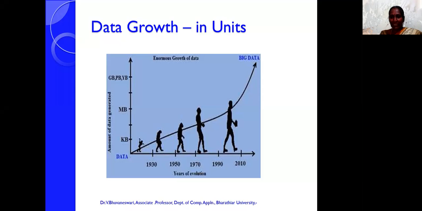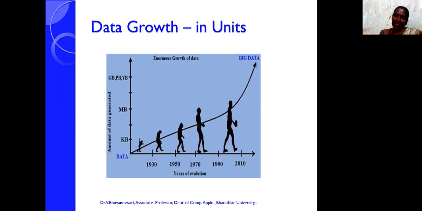Then came our CD drives, which were MBs, megabytes, right? And again, when we moved to DVDs, GBs, gigabytes. Now again, the data storage was found to be insufficient, so we moved to our flash drives, which hold terabytes of data storage.